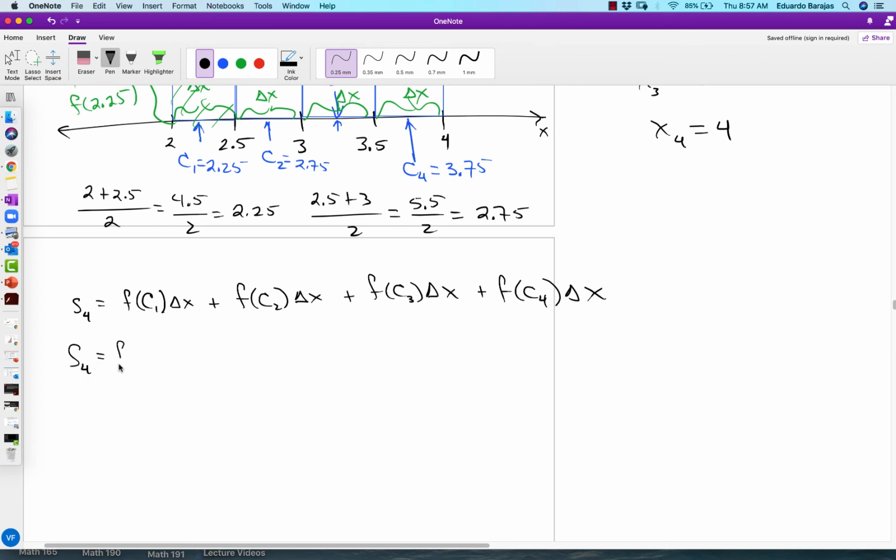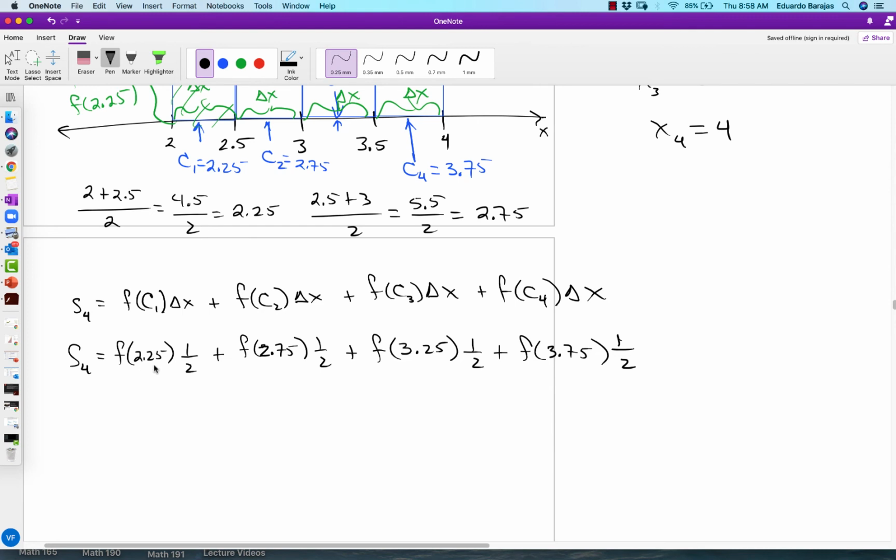So S sub 4 would be f of 2.25 times 0.5, or times a half, plus f of 2.75 times a half plus f of 3.25 times a half plus f of 3.75 times a half.